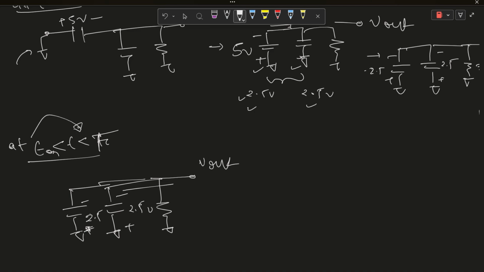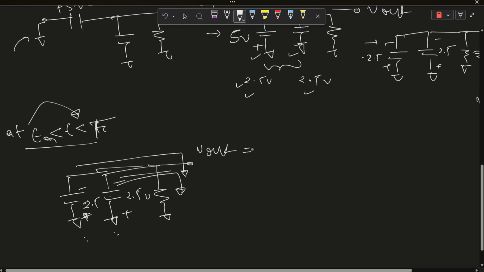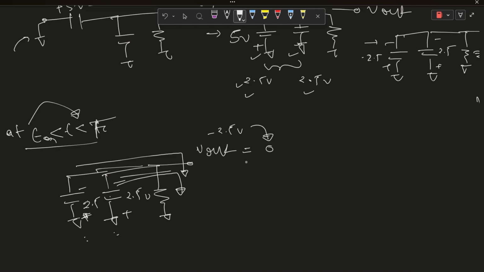From this to this time frame, the capacitors see the resistance in parallel, so it will start discharging through this resistor. Eventually V out will become 0 from minus 2.5 volt.